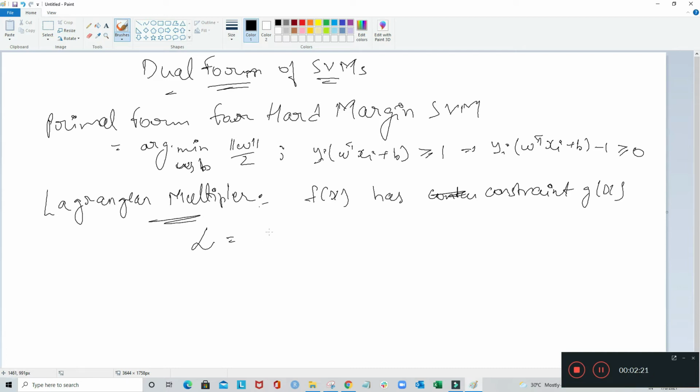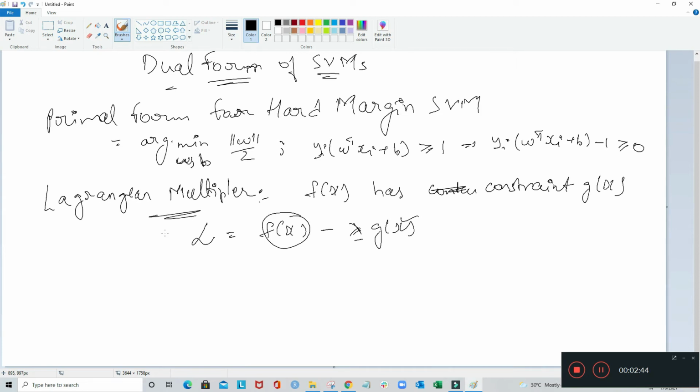The Lagrangian for f of x is f of x minus lambda times g of x. Here g of x is the constraint for function f of x, and lambda is the hyperparameter.